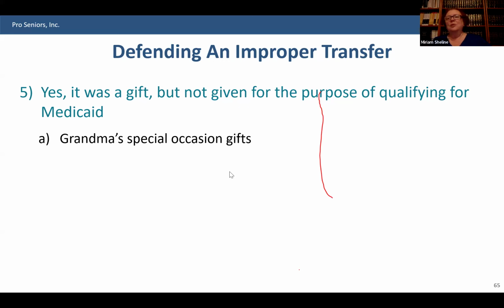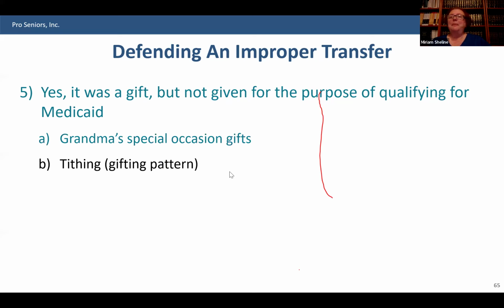They're dated December 25th or for their birthday, etc. That's usually, again, going to have to be a pattern and probably not going to be very successful if you're transferring $10,000. But we have had those cases where there was like 100 here or there, and every one of those checks said December 25th, Christmas, birthday, etc.